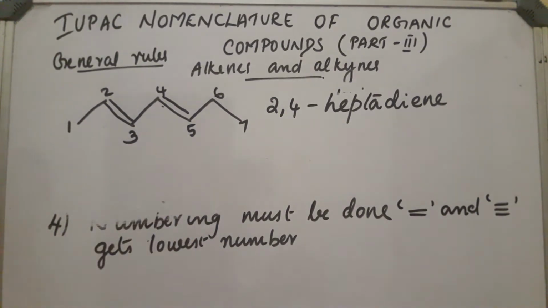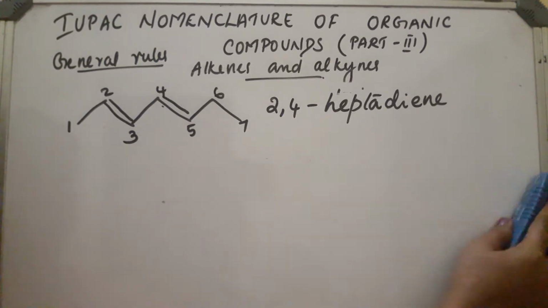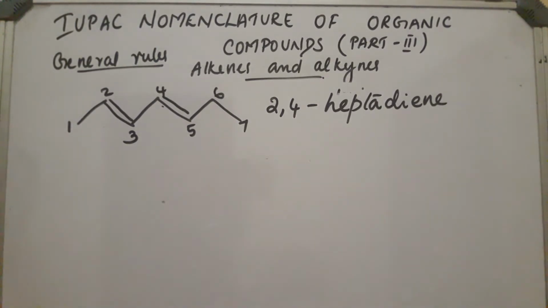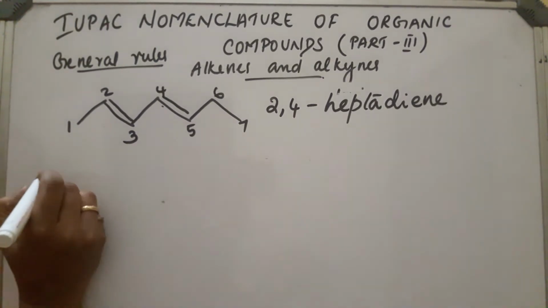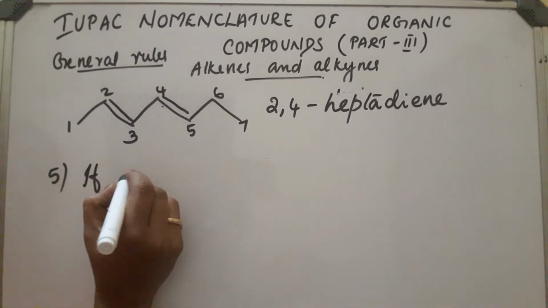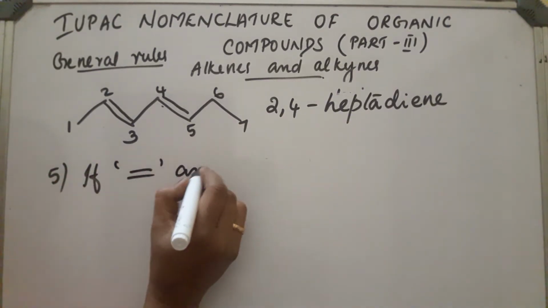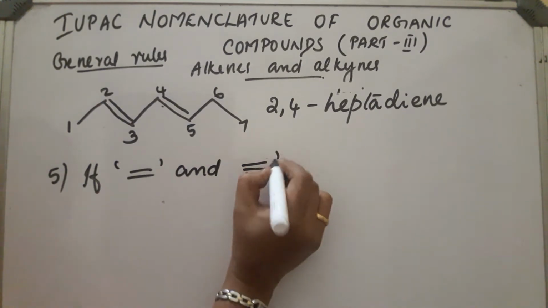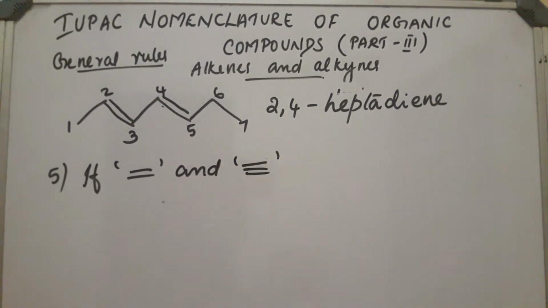Before that, we have to discuss the fifth point. If the double bond and triple bond are equidistant from the two terminals, then we have to follow the alphabetical order.